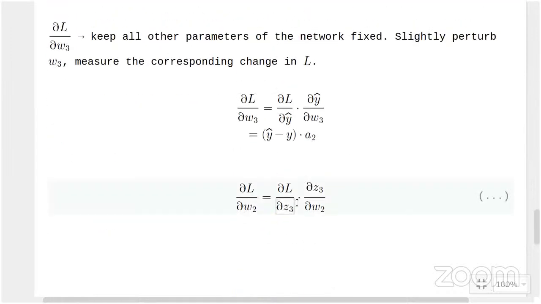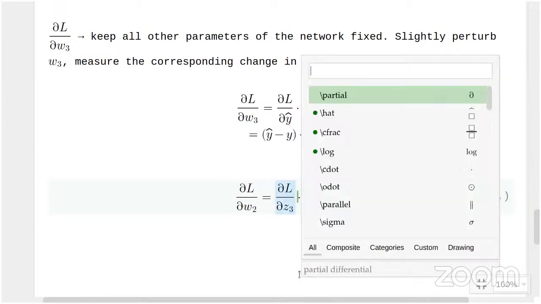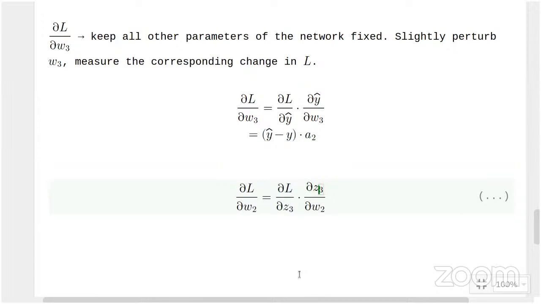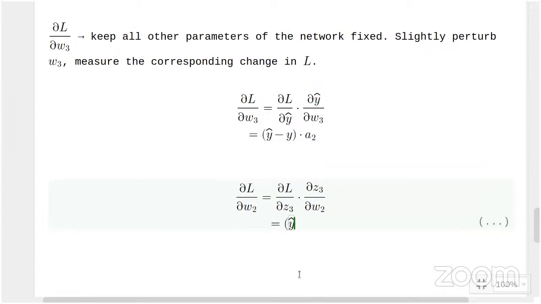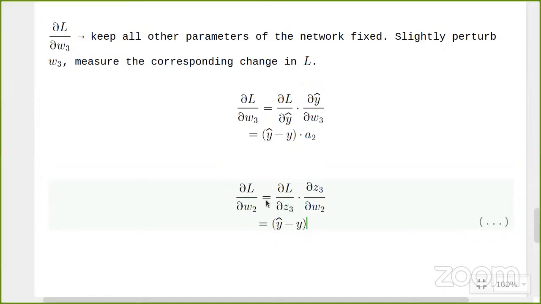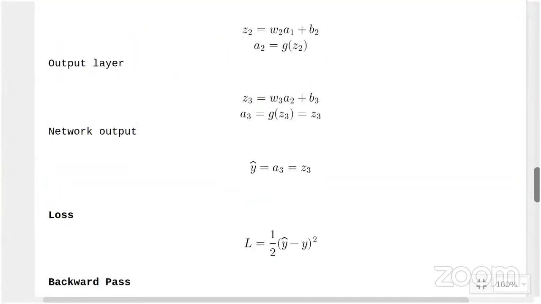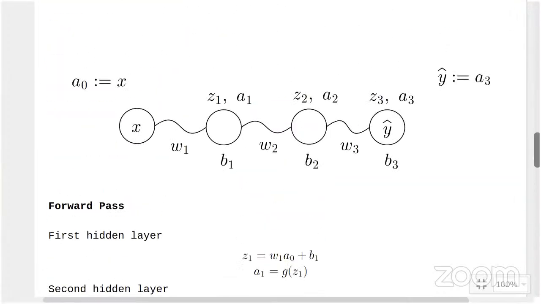This is going to be what? Y hat minus Y into A2. That is dou L by dou W3, with respect to W3.